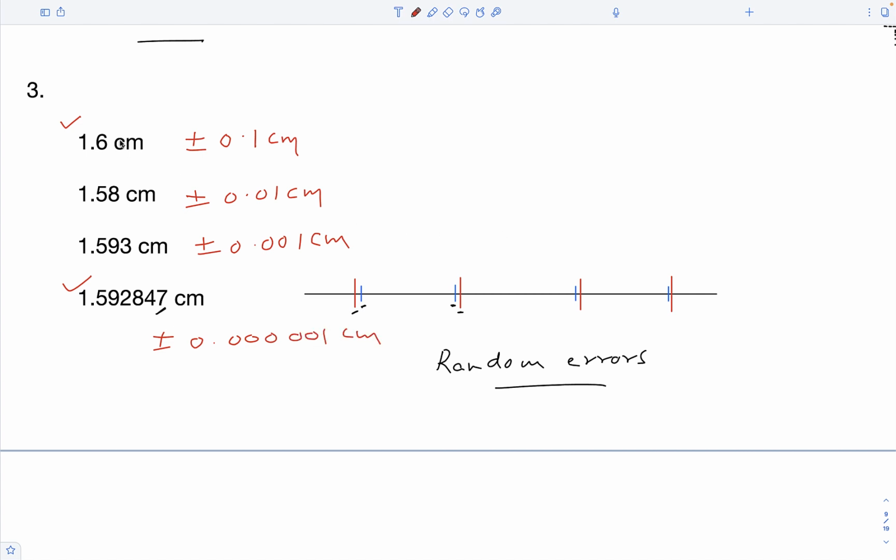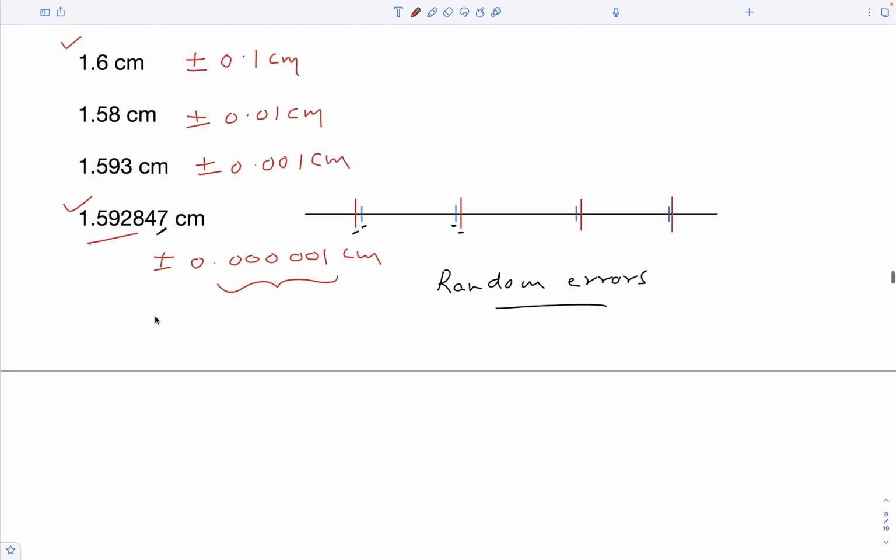So as we go from this measurement to this measurement, as the number of significant figures increase, the amount of random error decreases, or the exactness or the precision of the measurement increases. But even in this measurement, there is some amount of uncertainty, even though it is very small. So even this measurement is not 100% precise or exact.